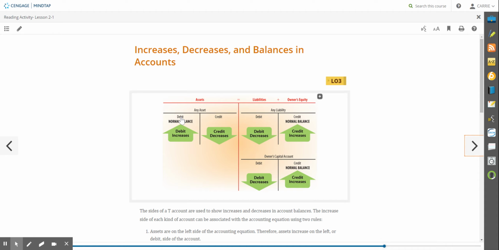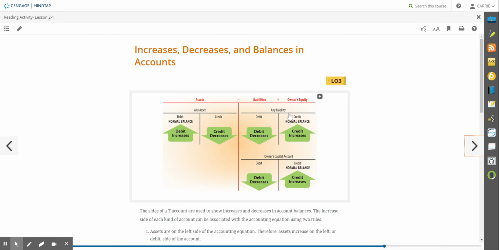The debit side is the increase side. The credit side is the decrease side. So if I'm increasing an asset, like I would put a plus in the last chapter, it means I'm debiting it. If I'm decreasing the asset, I am crediting it. And then the normal balance side is always the increase side of an account. So for any asset, we have debit to increase, credit to decrease, and our normal balance is a debit. And it is always debit on the left, credit on the right.